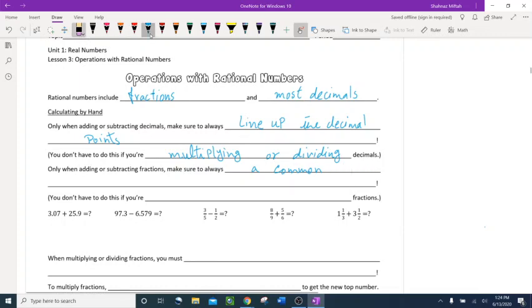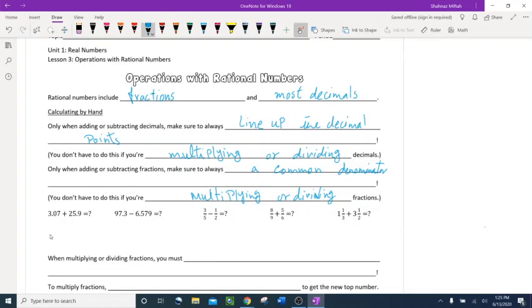By multiplying or dividing, you can do the same thing, or just find a common denominator. You don't have to do this if you are multiplying or dividing. We don't care about a common denominator when we multiply or divide, because we don't look for like terms when we multiply or divide fractions.